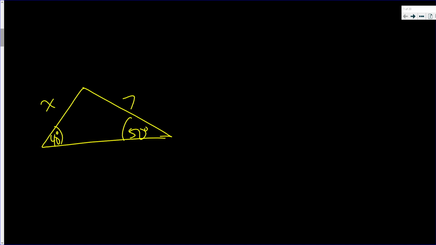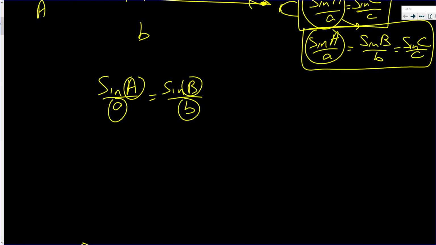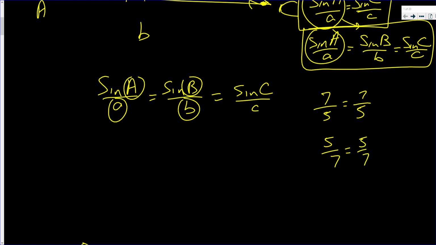Now, before we go on, I just want to say one last thing. I should have said this. We have these three fractions, and they're equal to one another. If two fractions are equal, 7 over 5 equals 7 over 5, then their reciprocals will be equal, as long as the fractions aren't 0.